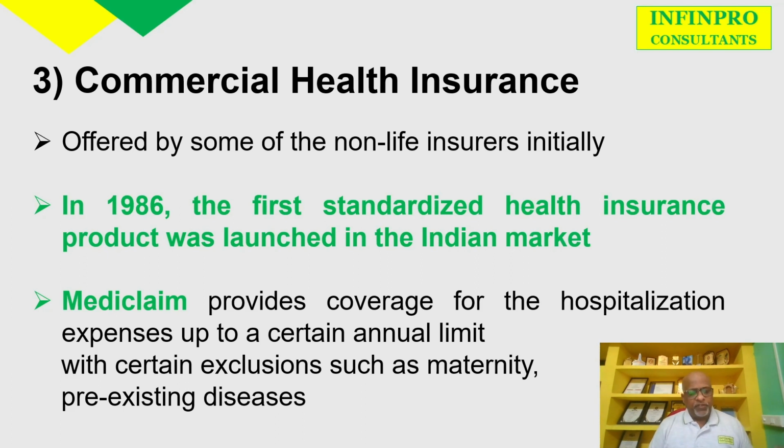Just to add, we will read about this in detail in the coming chapters: what are all the exclusions, how a policy is issued, what consists in a proposal form, and so on. In a nutshell, the Mediclaim policy takes care of covering the hospital expenses of any individual whenever there is an emergency.